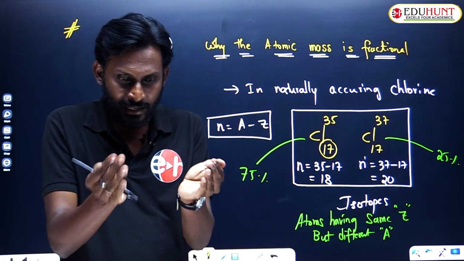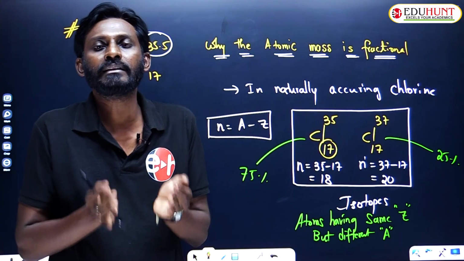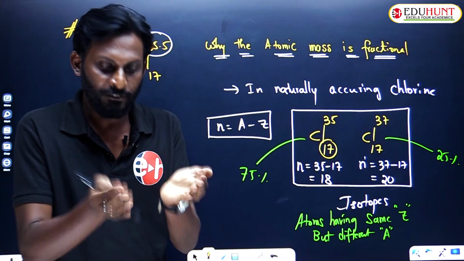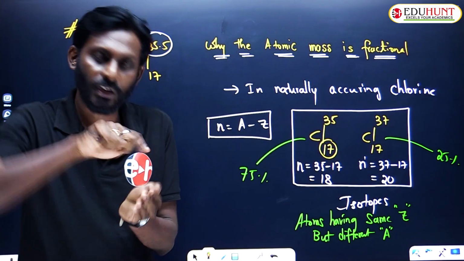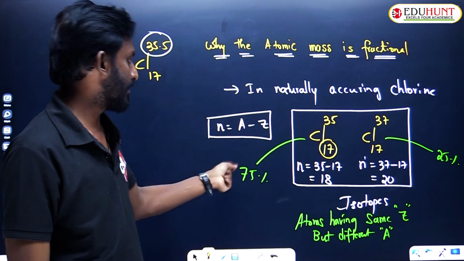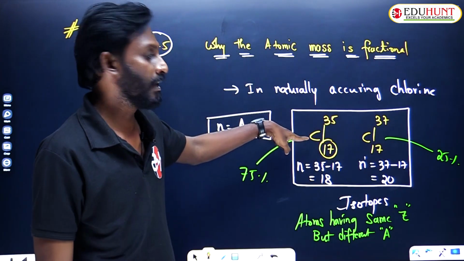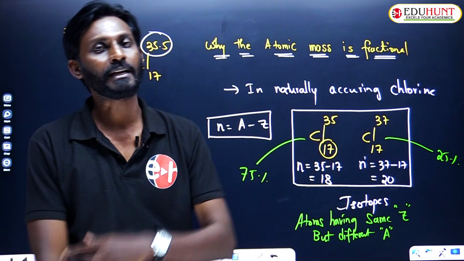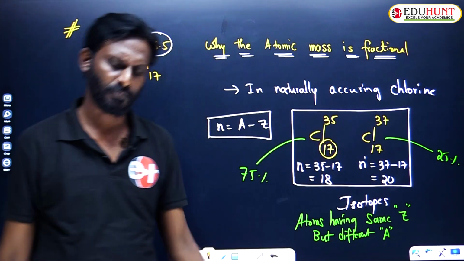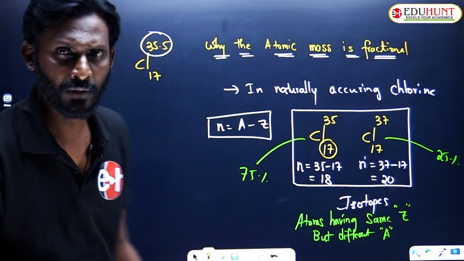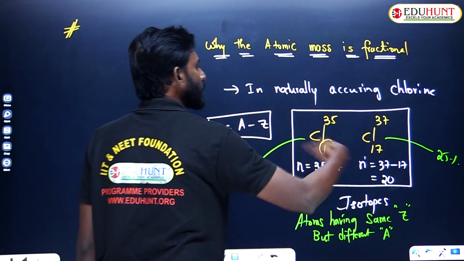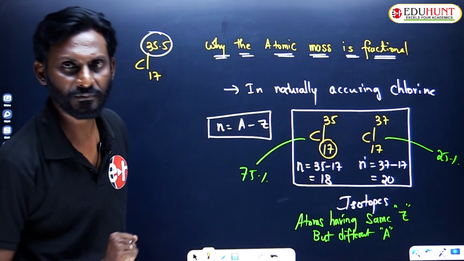So if you take 100 chlorine atoms, 75 atoms are of this type and the rest of the 25 atoms are of that type. Okay, but both are chlorine only. They are isotopes of chlorine, two types of chlorine.